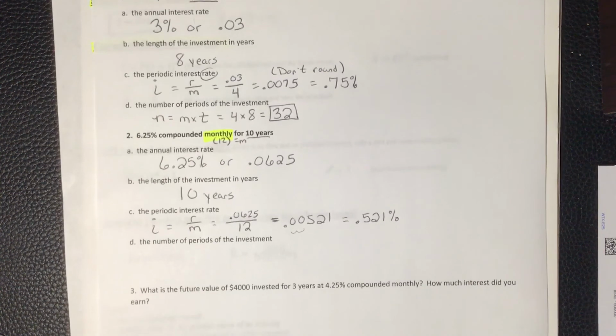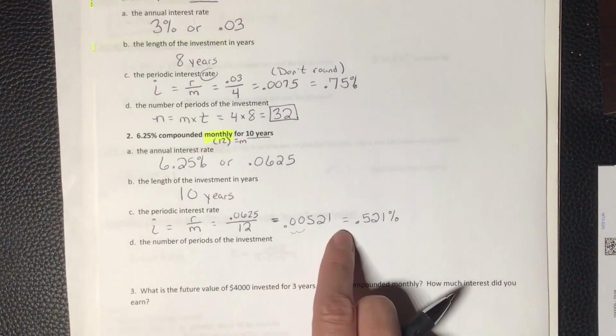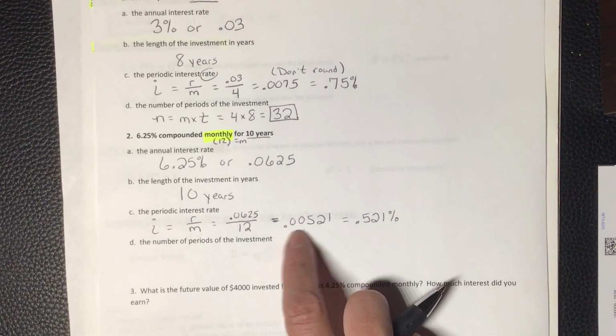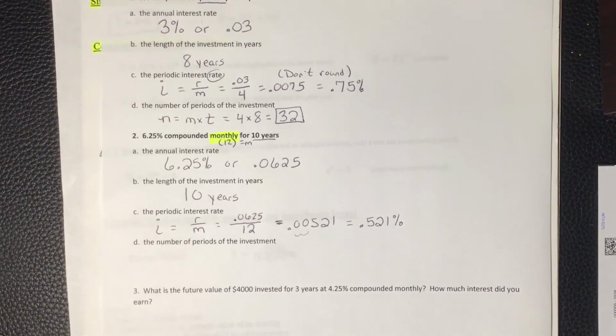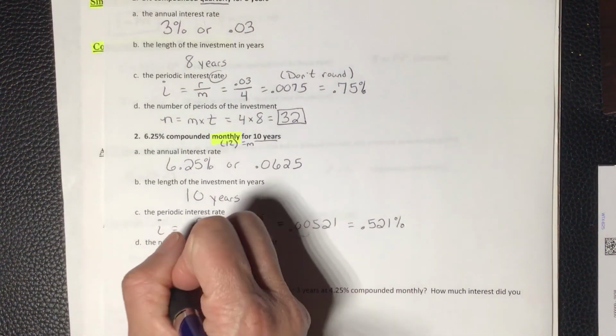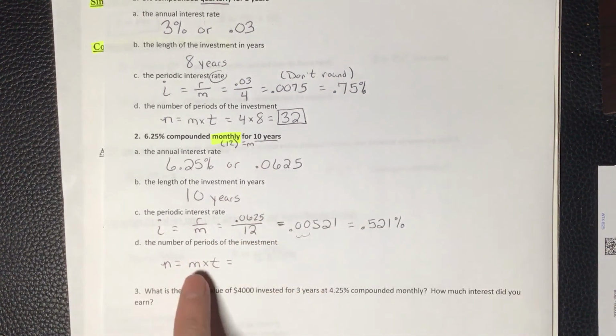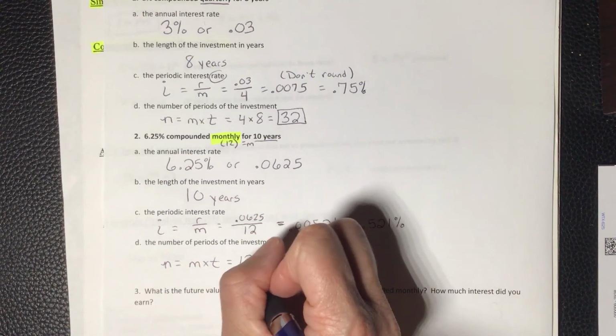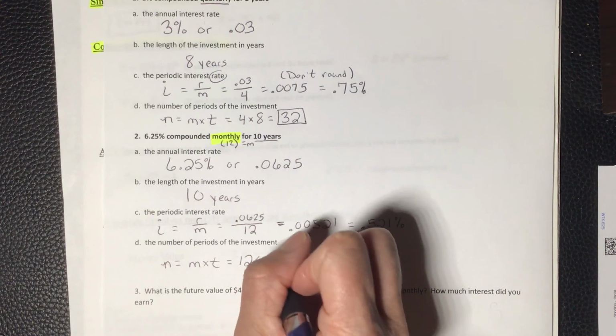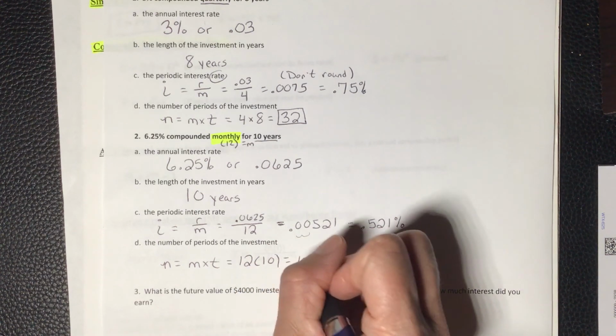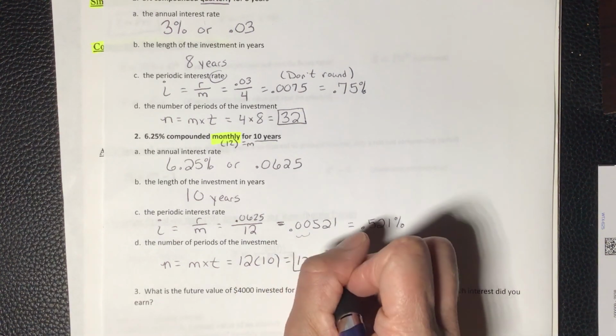So you want to keep lots of decimal places. If it doesn't tell you, I would keep at least 5. All right, and then number of periods in the investment, that's going to be M times T. Remember, we're compounding monthly, so that's 12 times a year for 10 years. So we're going to compound 120 times.